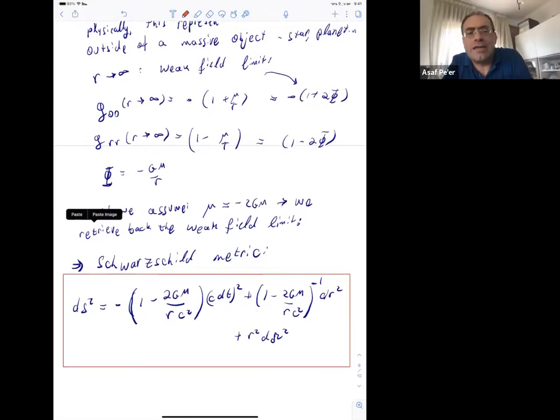Think again of an astronaut that is orbiting Earth. This is the metric that the astronaut feels. So the astronaut does feel the gravity of Earth, but of course, where the astronaut is, in the International Space Station, somewhere in space, there is nothing there surrounding it.